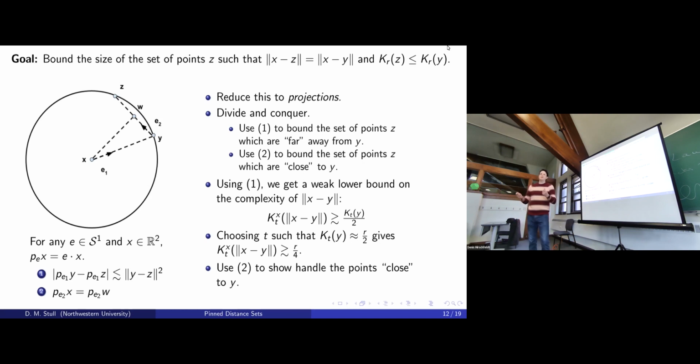This is a pretty weak bound, which is good when the complexity of y is large.